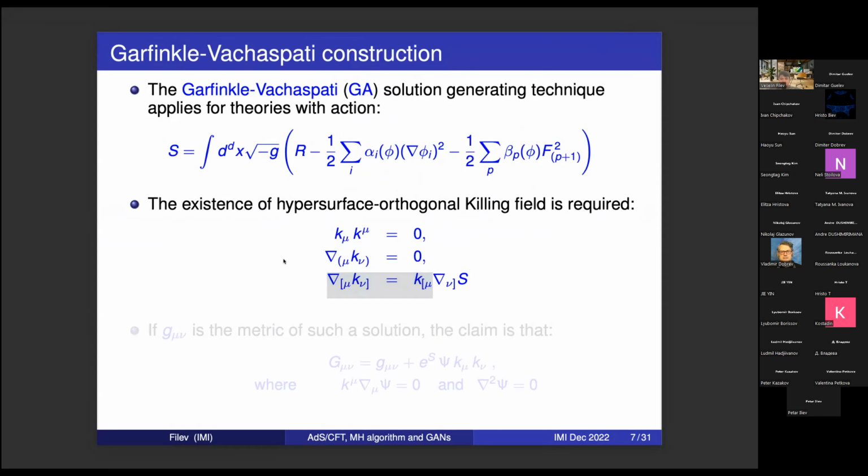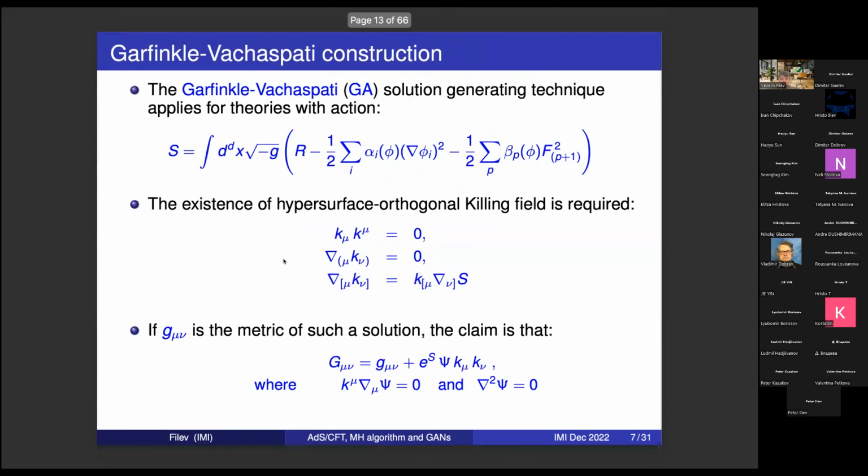Then if you have this, you can construct the following deformation of the metric, and the claim is that it's a solution to the equations of motion generated from the action above.